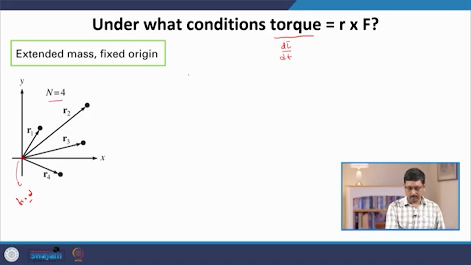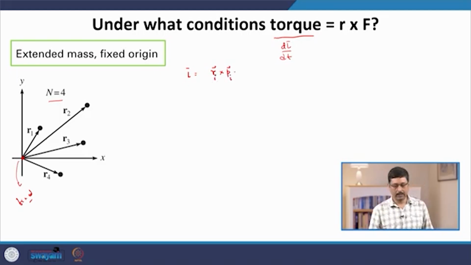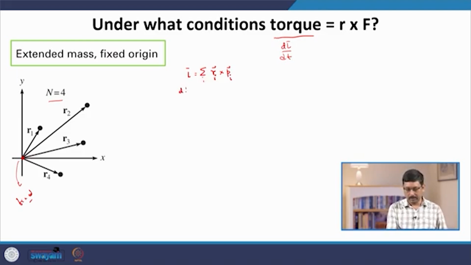In this case L, the total angular momentum, you can compute for each of these particles. For particle i, position is r i and its momentum is p i, and then you have to take a sum over all particles. Then the rate of change of angular momentum, again, I can calculate for each of the particles and then add it.